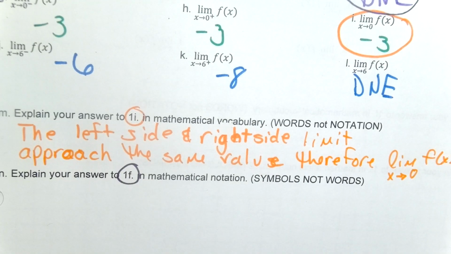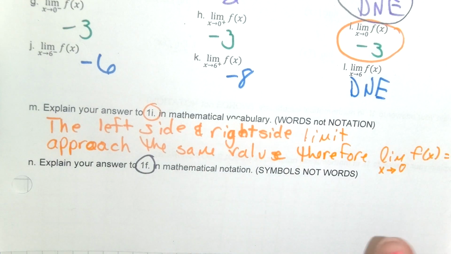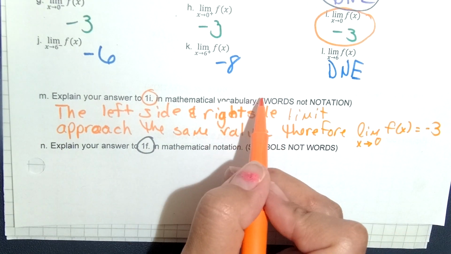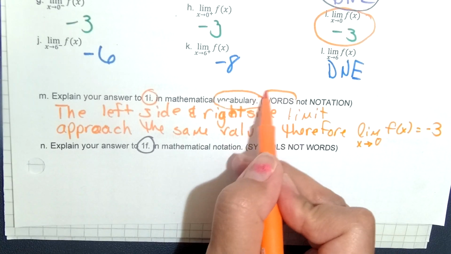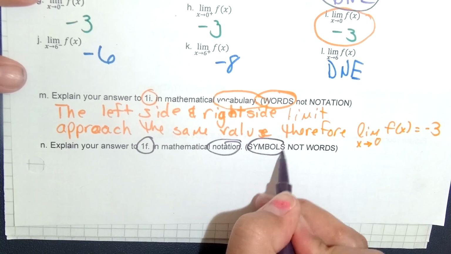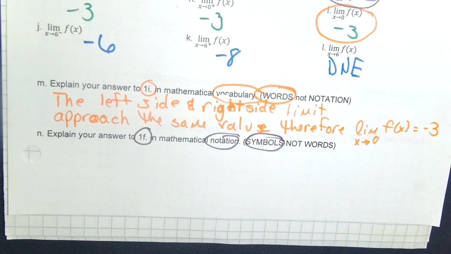That is what you should be writing. You don't have to write exactly that, but it has to be similar. This is vocabulary, so you need to use words. When we get to quarter 2, I'm not going to be giving you these hints. You should know to use words or symbols. Notation is symbols, okay? Question?